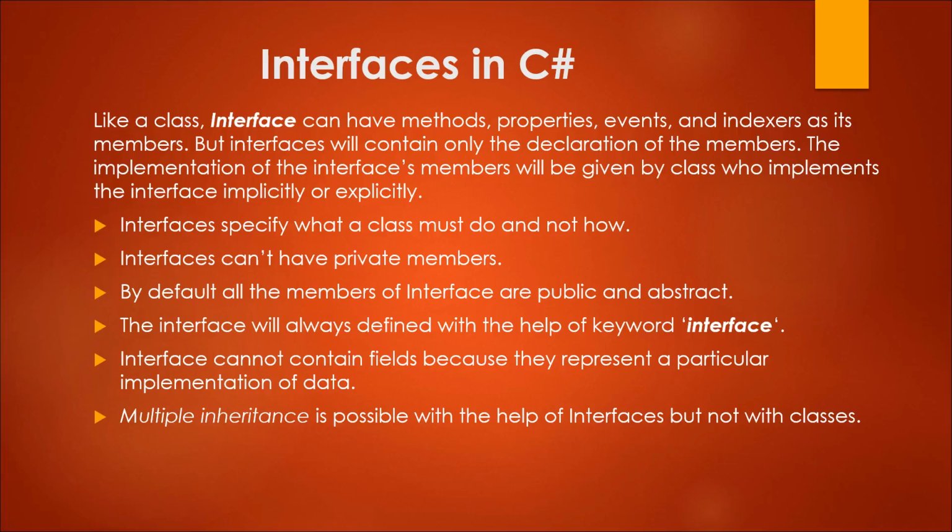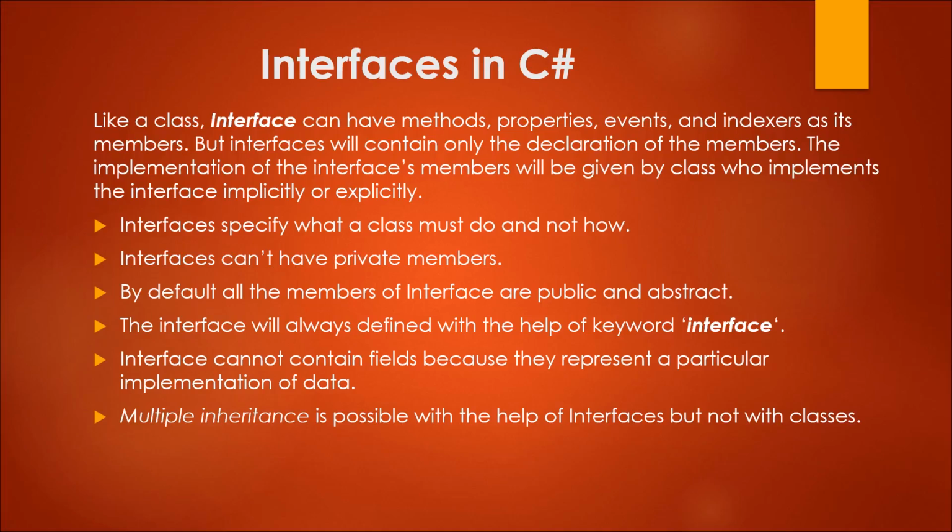But the particular thing about an interface which makes it different from the class is that interfaces will only contain the declaration of the members. That means there is no implementation of the interface's members is allowed inside the interface, because interface only provides a prototype for the methods for the classes that are going to use this interface in future.